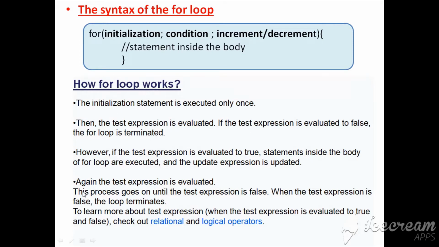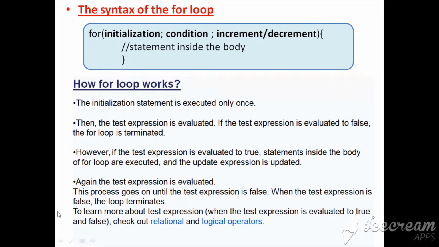Okay, so until the condition is false, it executes the statement or runs this loop until the condition is not satisfied. Okay, so when the test expression or condition is false, the loop terminates. So when the condition is false, the loop is automatically terminated and comes out of this loop.